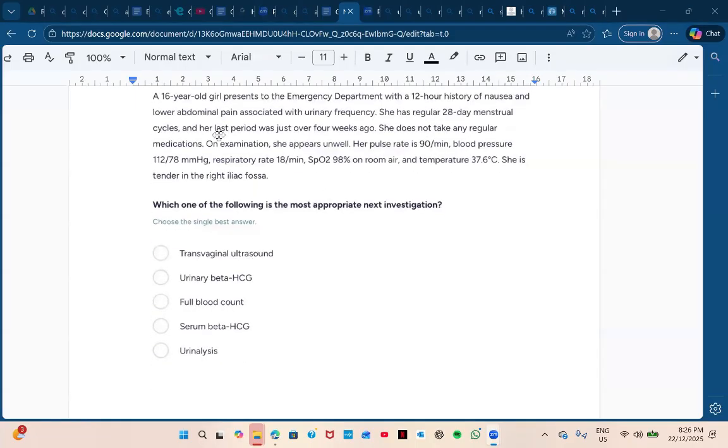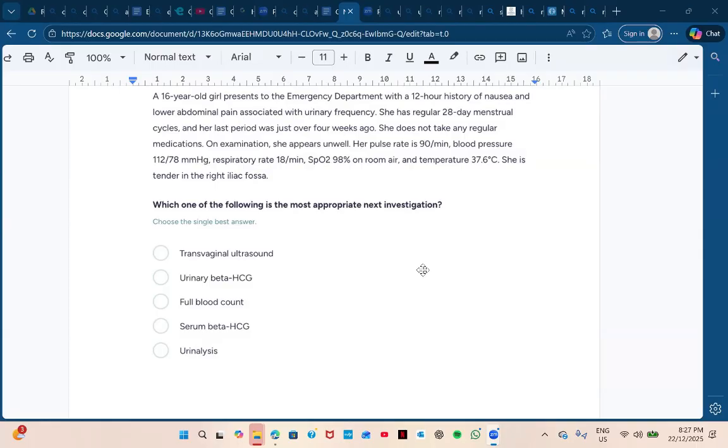Okay. A 16-year-old girl presents to the emergency department with a 12-hour history of nausea and lower abdominal pain associated with urinary frequency. She has a regular 28-day menstrual cycle and her last period was just over 4 weeks ago. She does not take any regular medications. On examination, she appears unwell.